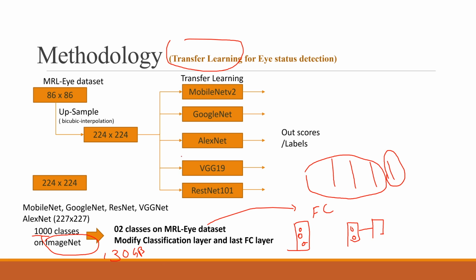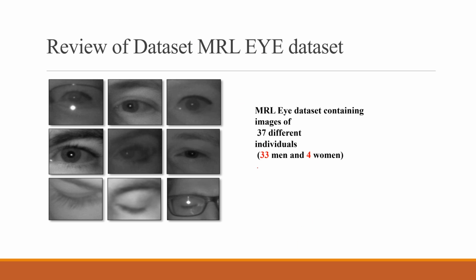In this video we will use MobileNet, and we will code everything step by step, and you will witness it soon. For training the deep learning architecture, we will be using the MRL Eye dataset, which is an open source dataset, and it contains 37 different individuals, 33 men and 4 women.